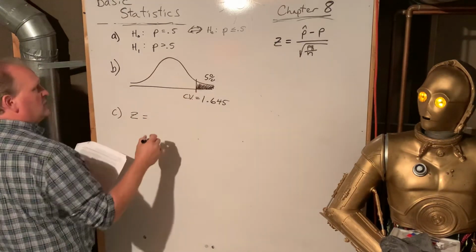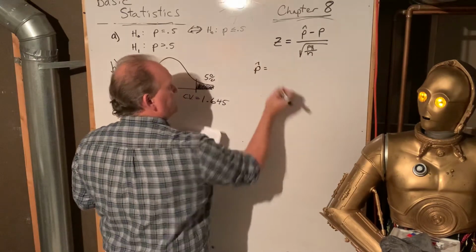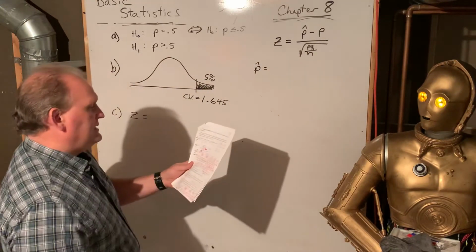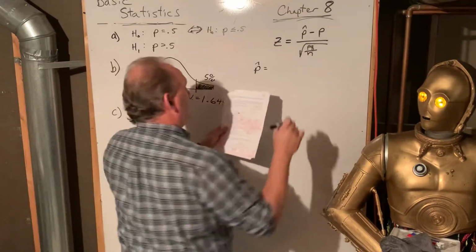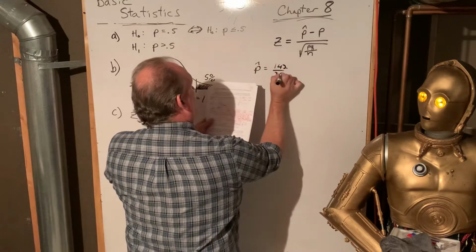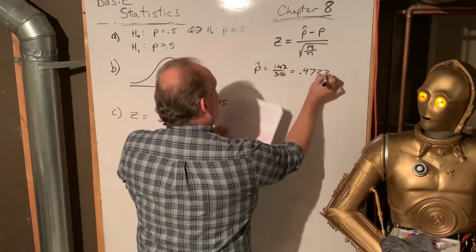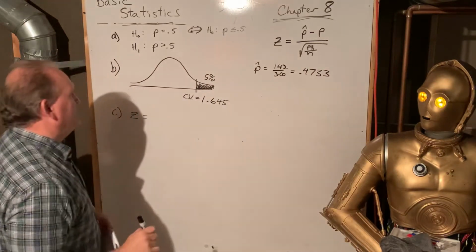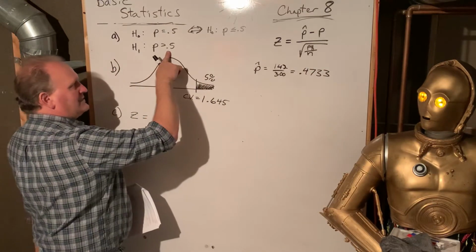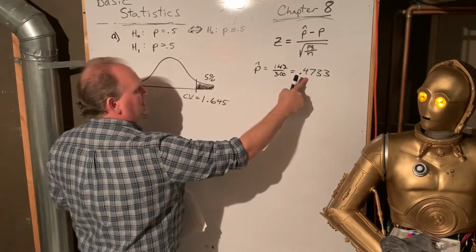So z is equal to, well, p hat we've got to find. So p hat is going to be 142 over 300. Ooh, that evidence is not looking good for greater than. They want us to test is it greater than, and our proportion was less than 50%.